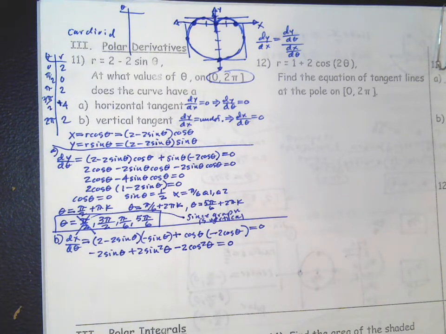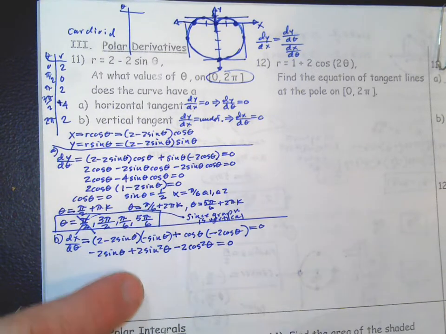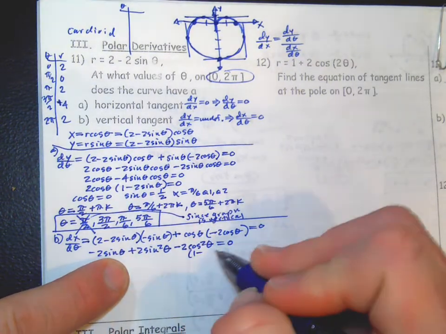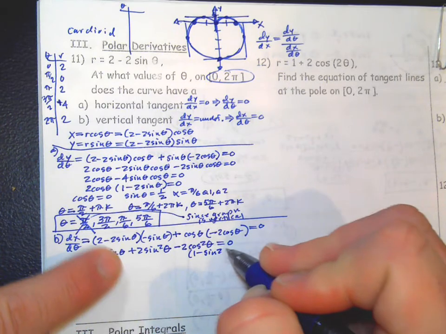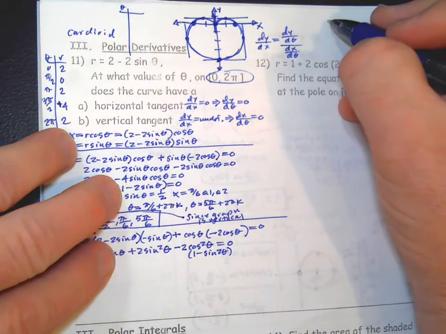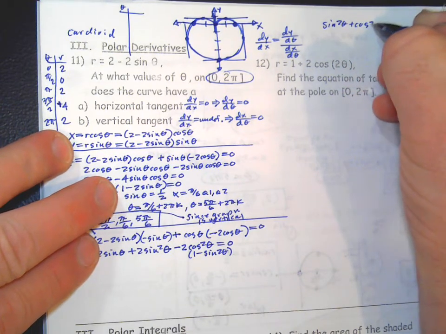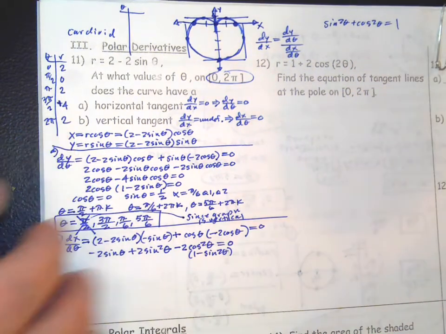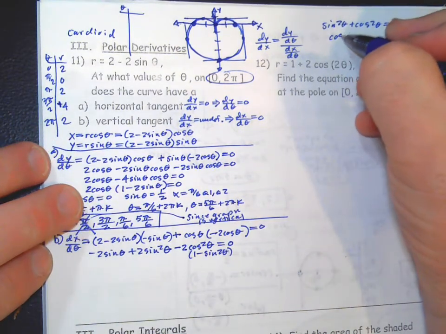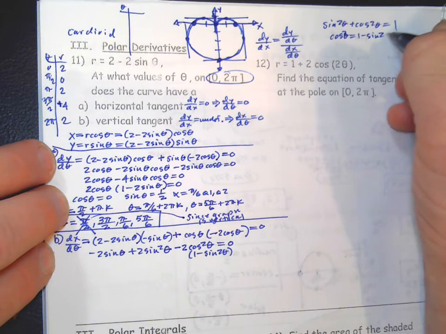So I think we want to get everything in terms of sine, because we have a sine to the first and sine squared here. So cosine squared is 1 minus sine squared, right? Pythagorean identity, sine squared plus cosine squared equals 1, right? So that means cosine squared equals 1 minus sine squared. And a bunch of other identities come from this.